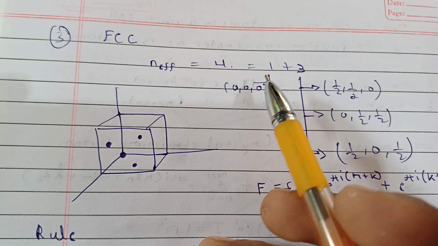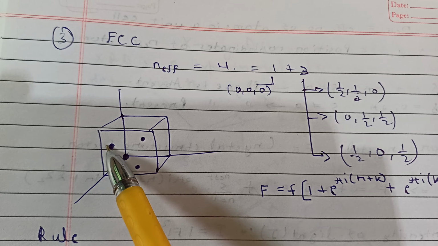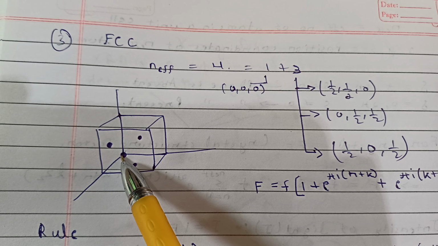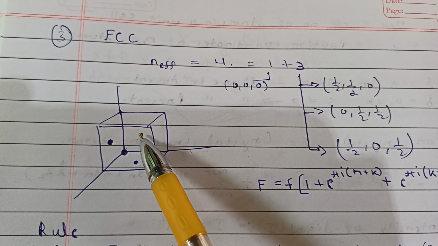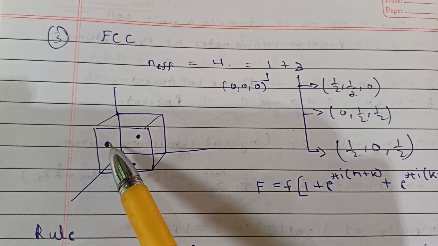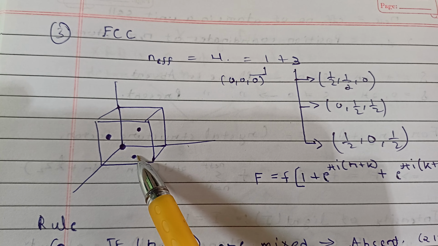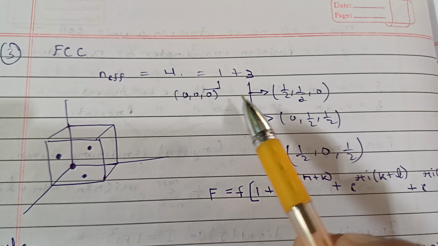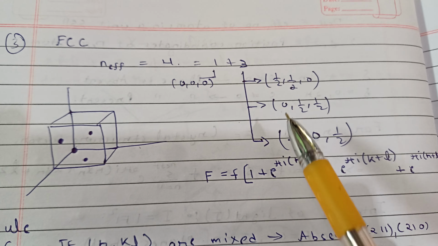We take 4 atoms: one at the origin, and one at each of these three faces. So the coordinates will be 0 0 0, then x, y, z as 1/2 1/2 0, then 0 1/2 1/2, and 1/2 0 1/2. So these 4 atoms, 1 2 3 4, are the effective number of atoms and these are their coordinates.